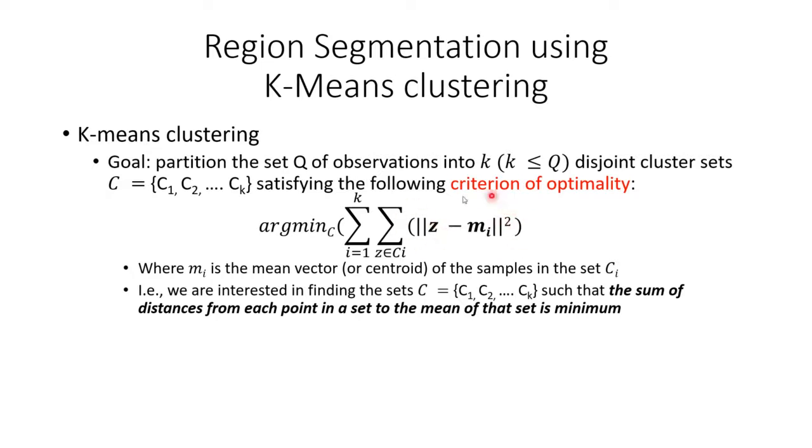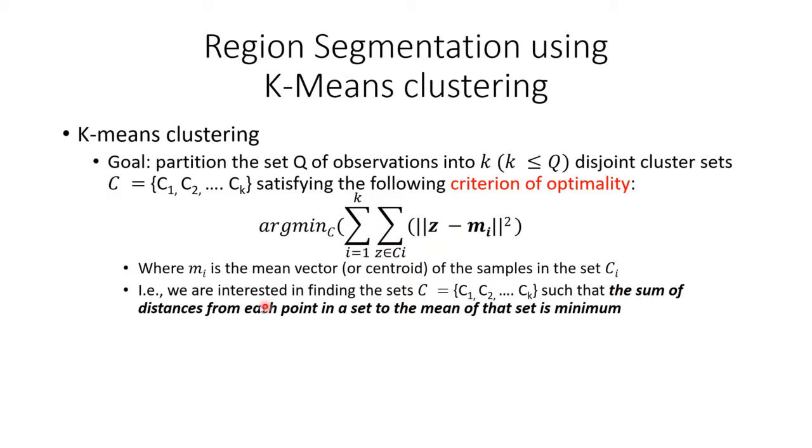It's just the Euclidean distance between the mean value of your cluster and your observation. You're going to select the cluster C that minimizes this expression.